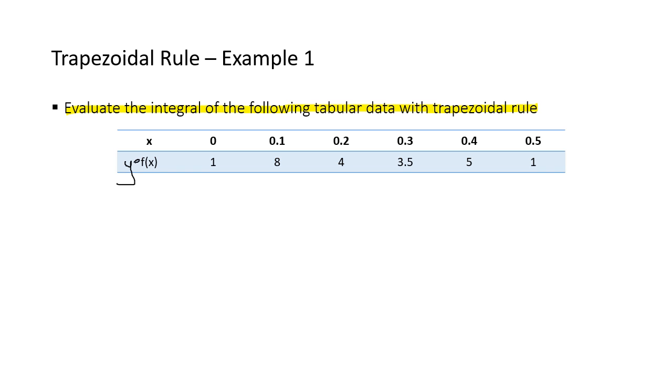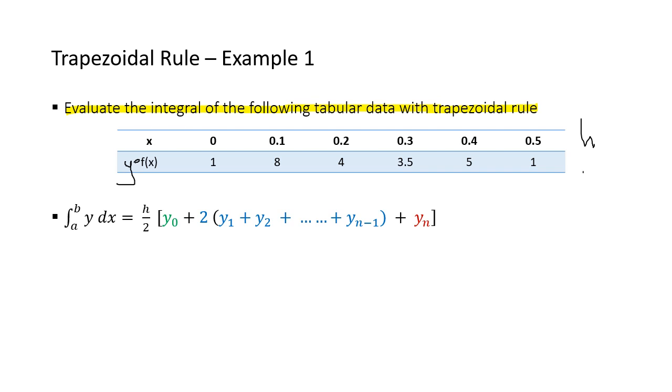So the values in the second row are values of y, and values in the first row are values of x, and that is the formula of the trapezoidal rule from the previous slide. So in this formula we have two terms, h and n.